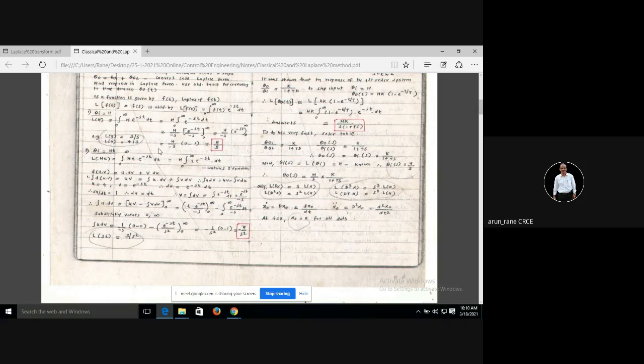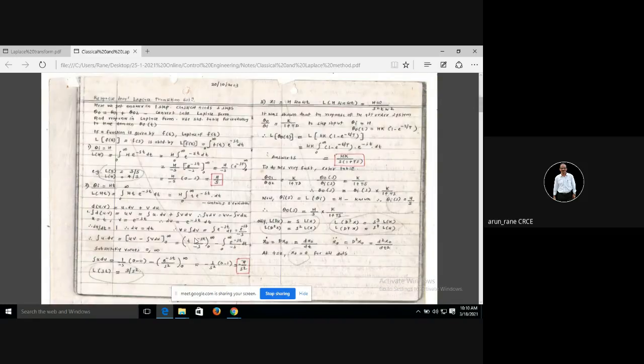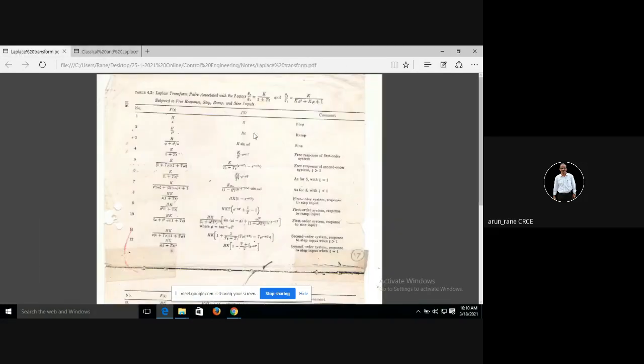Laplace of 4 will be 4 by s. Laplace of 3t will be 3 by s square. So this is what is stated here in the table. If we have a ramp input of ht, then its Laplace will be h by s square.